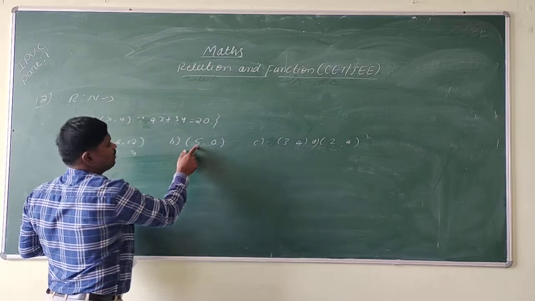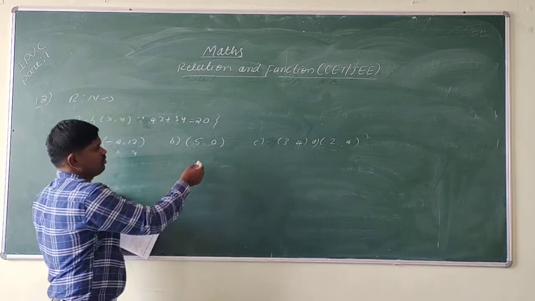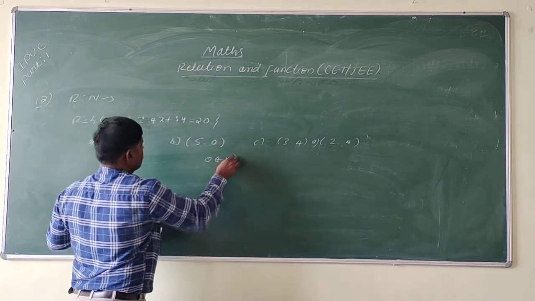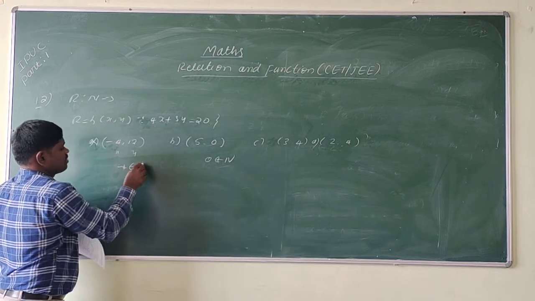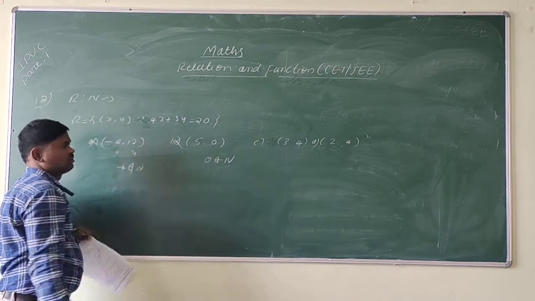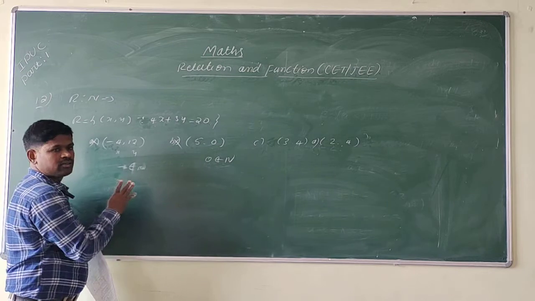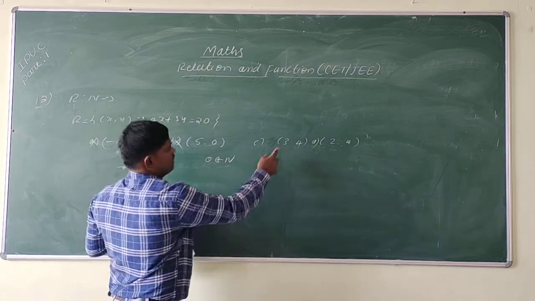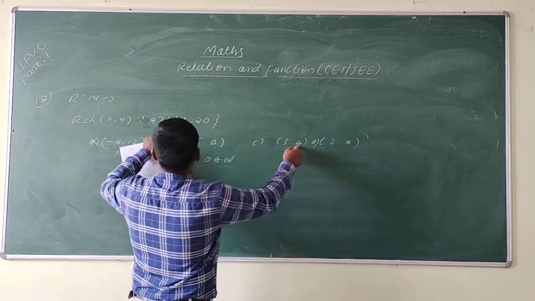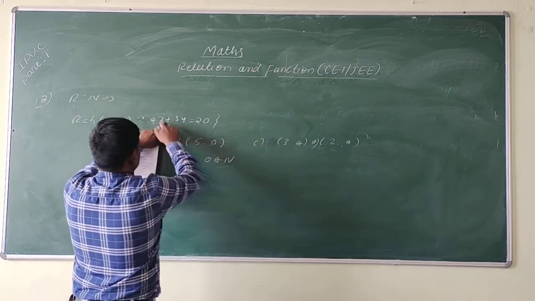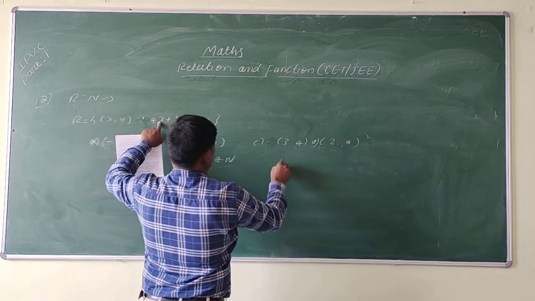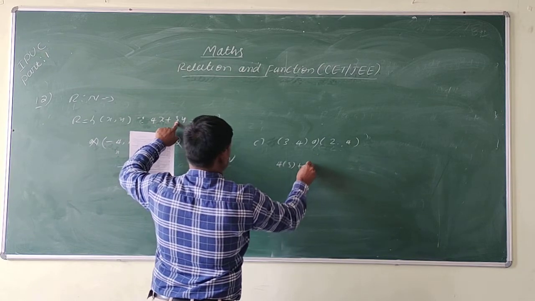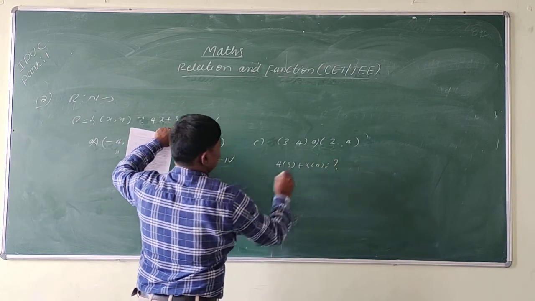What about 5, 0? 0 does not belong to the natural numbers, so we are not verifying these two options. Next, what about C, (3, 4)? 3 is a natural number and 4 is a natural number. Suppose I put the value of 3: 4 into 3 plus 3 into 4. What about this?